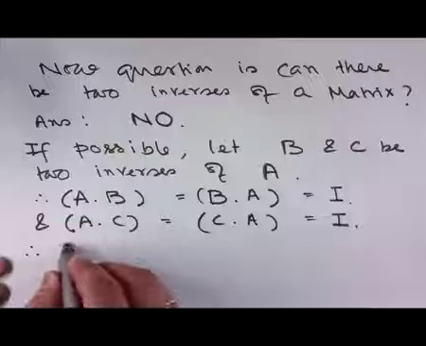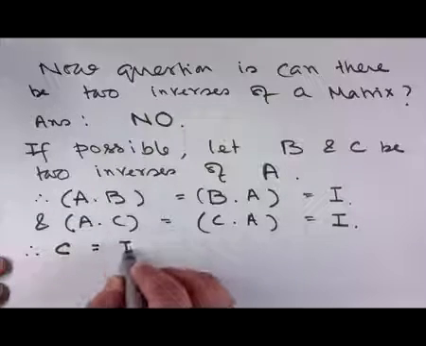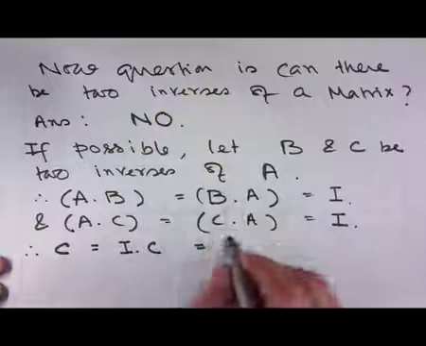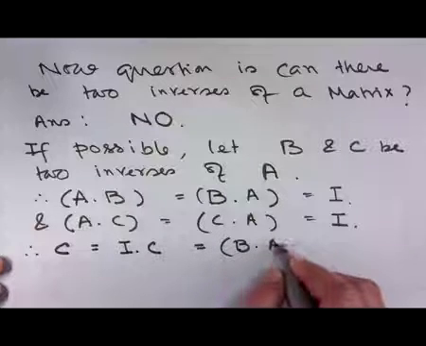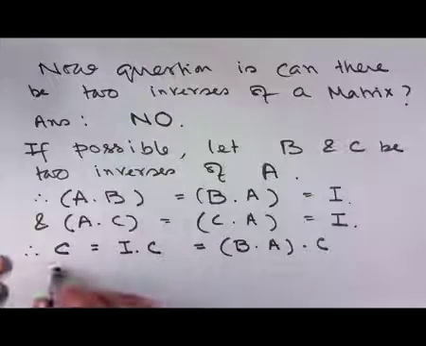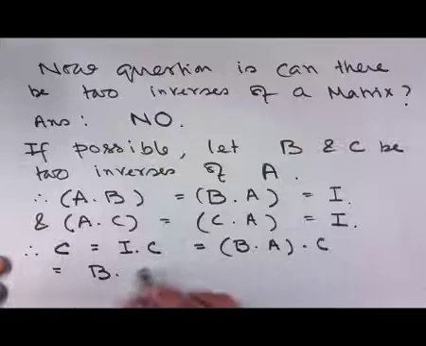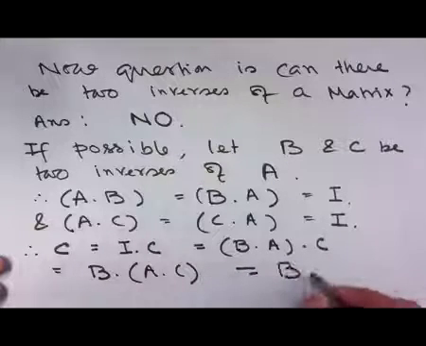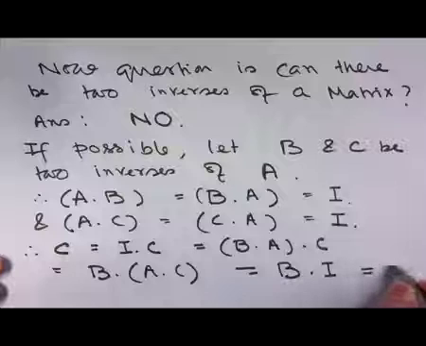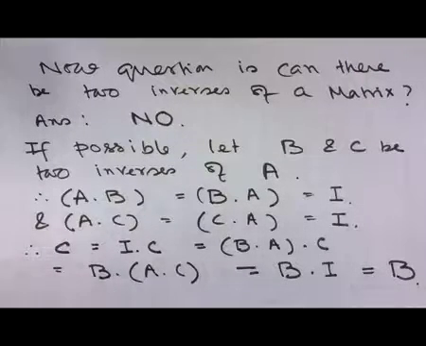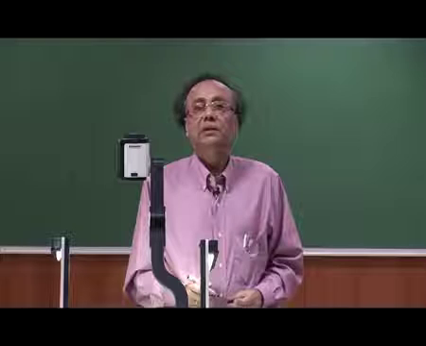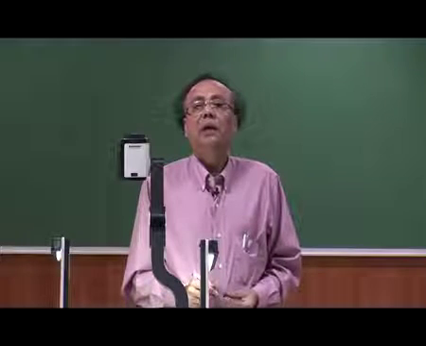Therefore, C is equal to the identity matrix multiplied by C, which is equal to B times A multiplied by C, which is equal to B times A multiplied by C, which is equal to B times identity, which is equal to B. Therefore, C is the same as B, or in other words, the two inverses of A are equal.